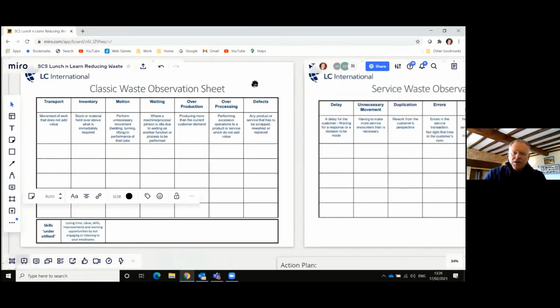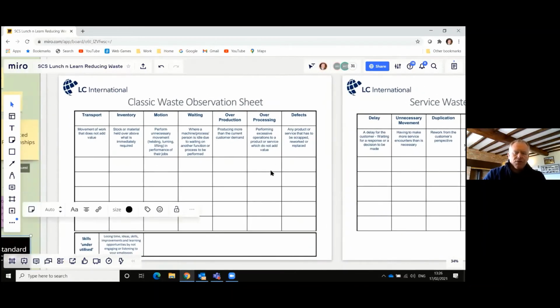These types of sheets can be given out to anybody within the business. We can ask them to do a regular check or site walk round to understand how people are working, what challenges they're facing. And it's all about that interval of how often do we check to what action we take.